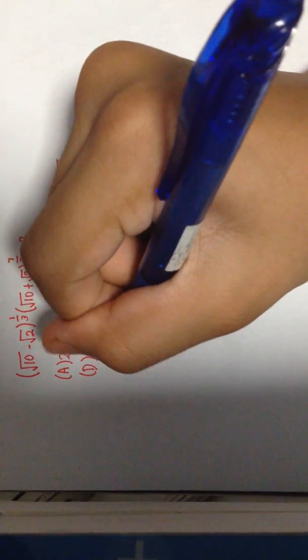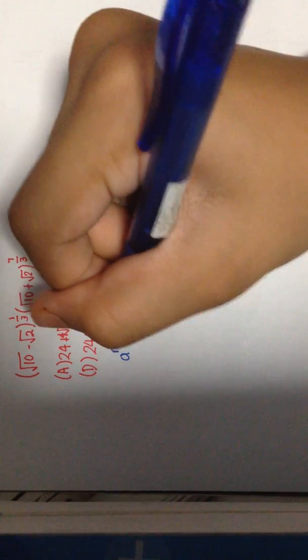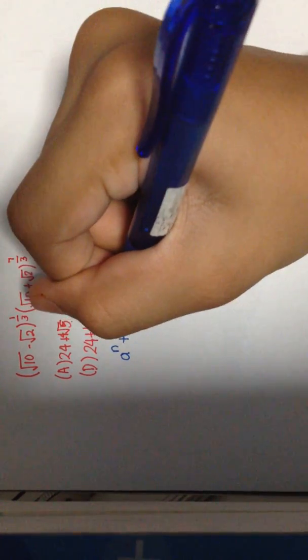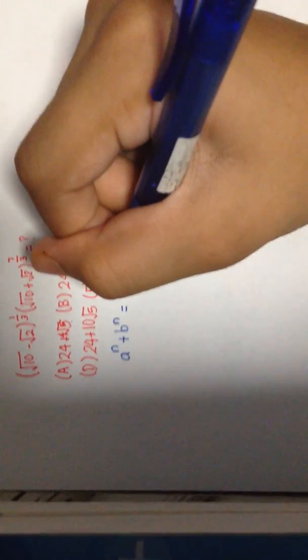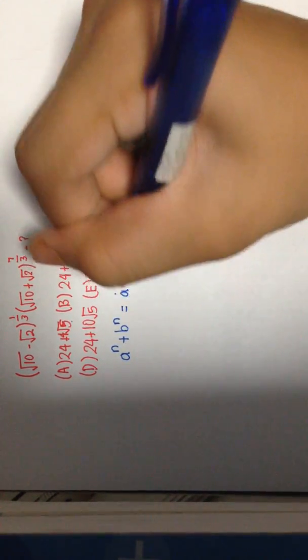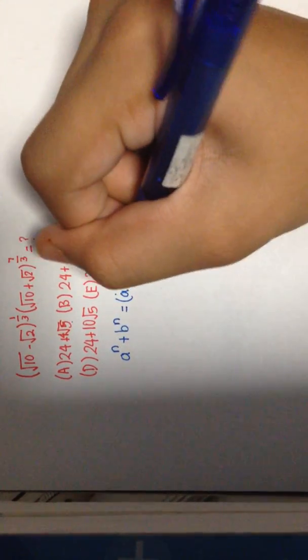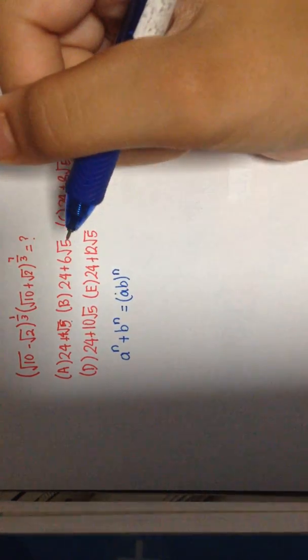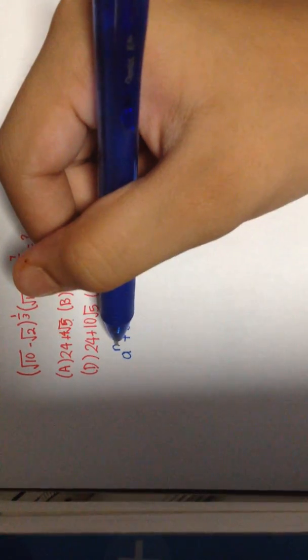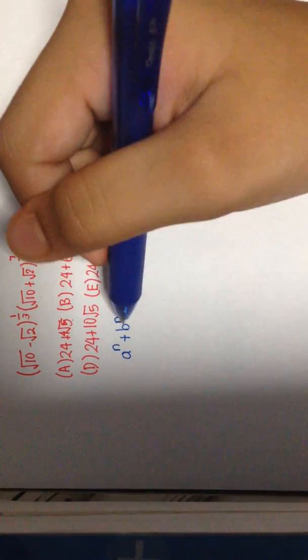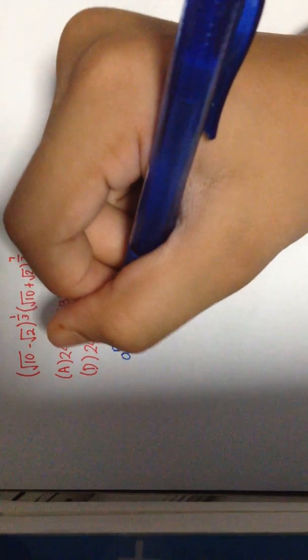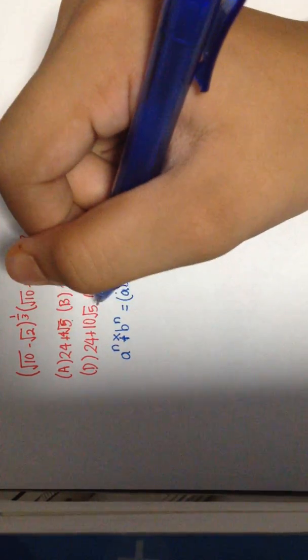If I have a to the power of n times b to the power of n, it is equal to ab, bracketed, to the power of n. For example, let's say n is 2.